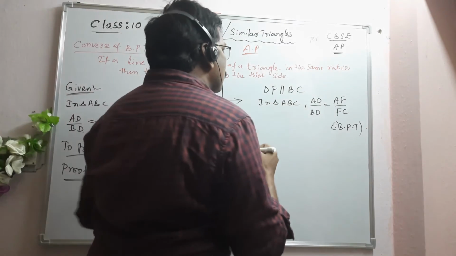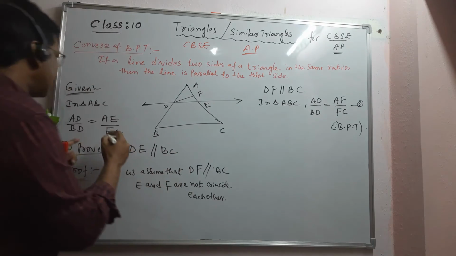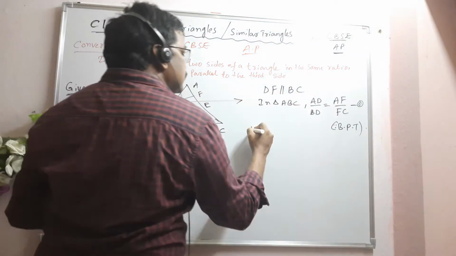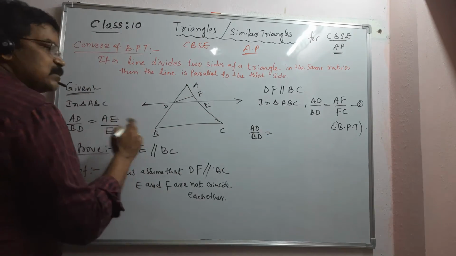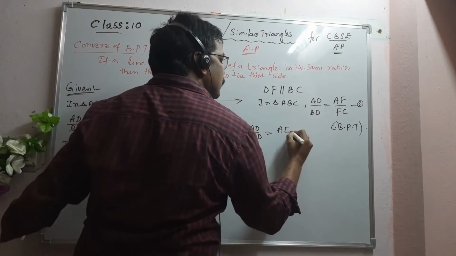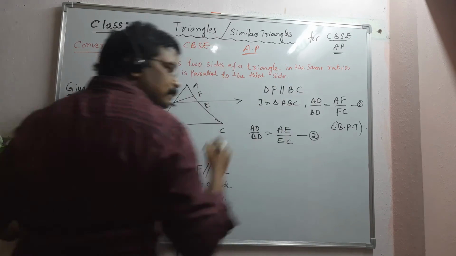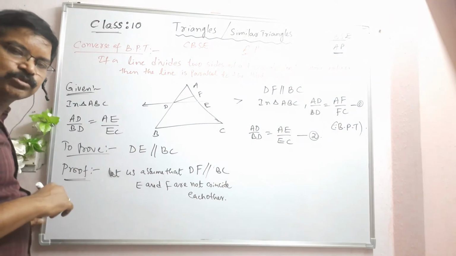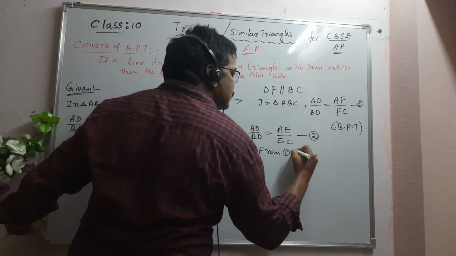Right. Now, this is equation 1. But what is given, students? AD by BD is equal to AE by EC. This is equation 2. So from 1 and 2, what do you observe here?